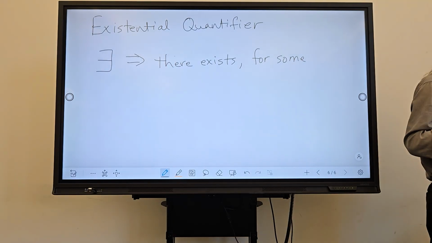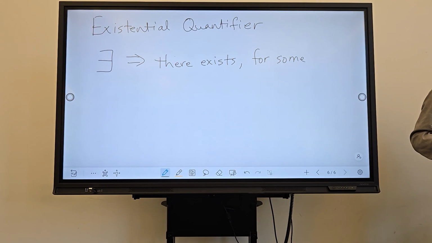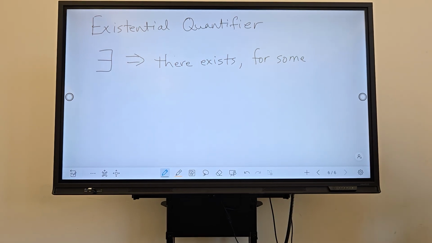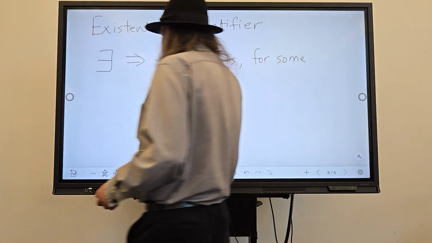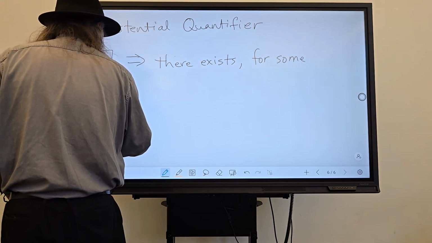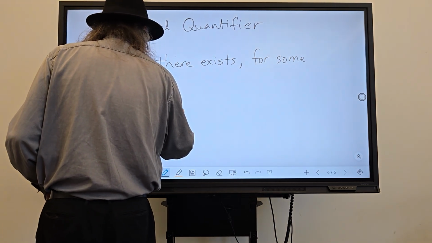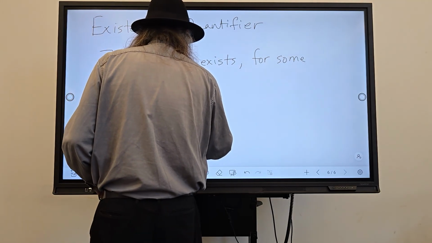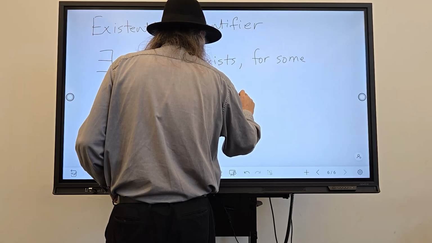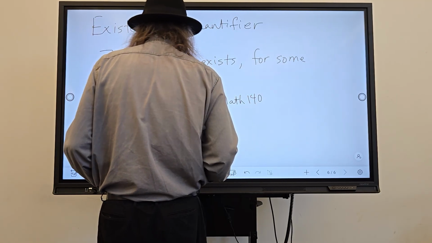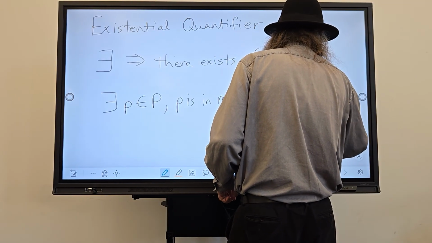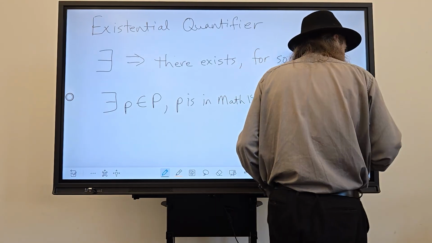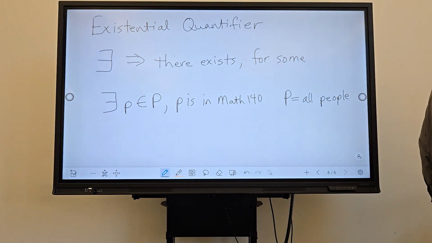Example: there is a student in Math 140. So that would be, there exists a p, which is an element of P, such that p is in Math 140. And P is all people. So, definition.